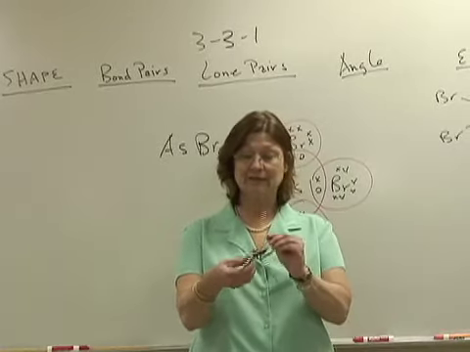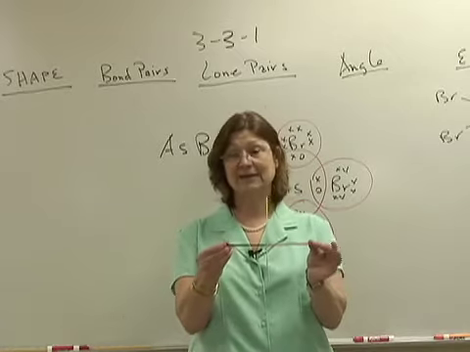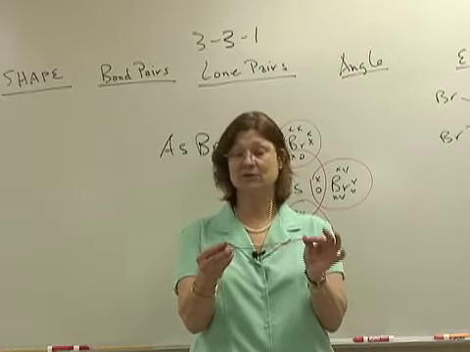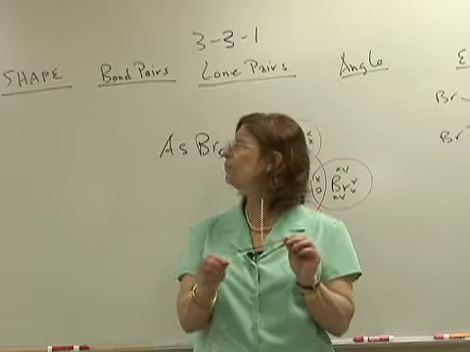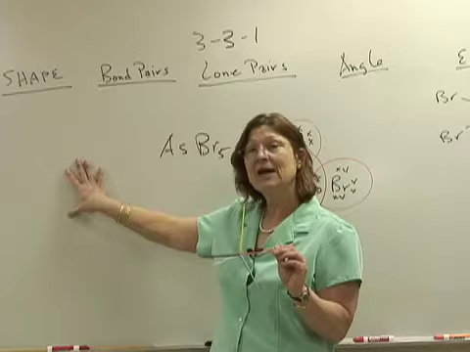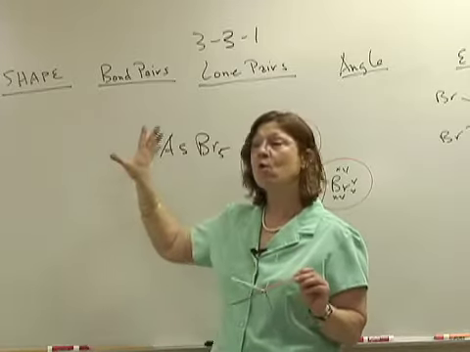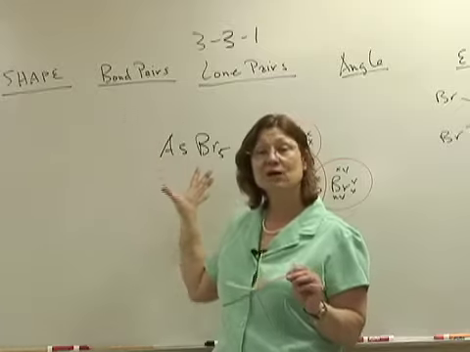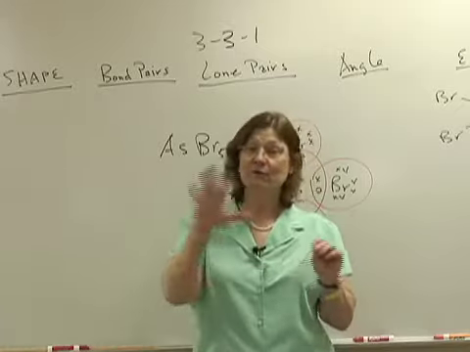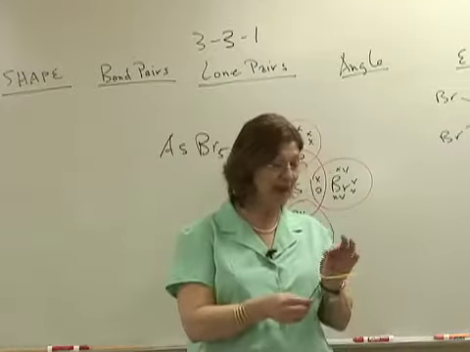Now, you can see that this is both a trigonal planar and linear. So we actually have 2 angles going on here. All of the ones that have 5, whether it's 5 bond pairs and no lone pairs, or 2 bond pairs and 3 lone pairs, we call that the steric number, based on the 5 that we have here.